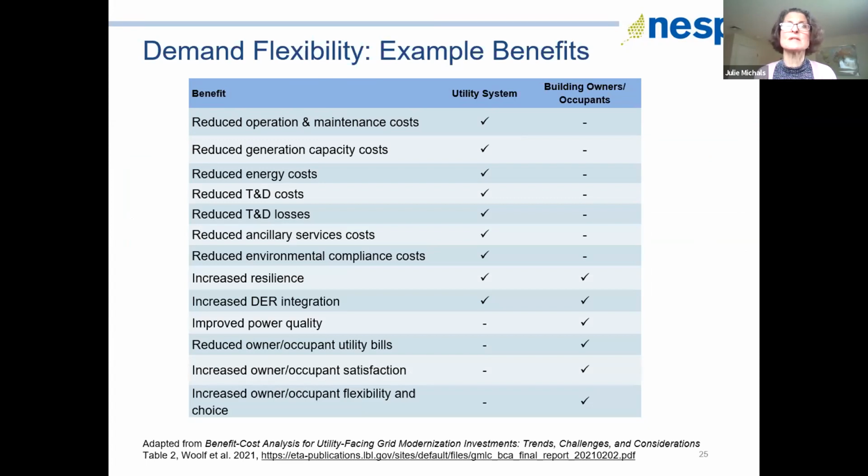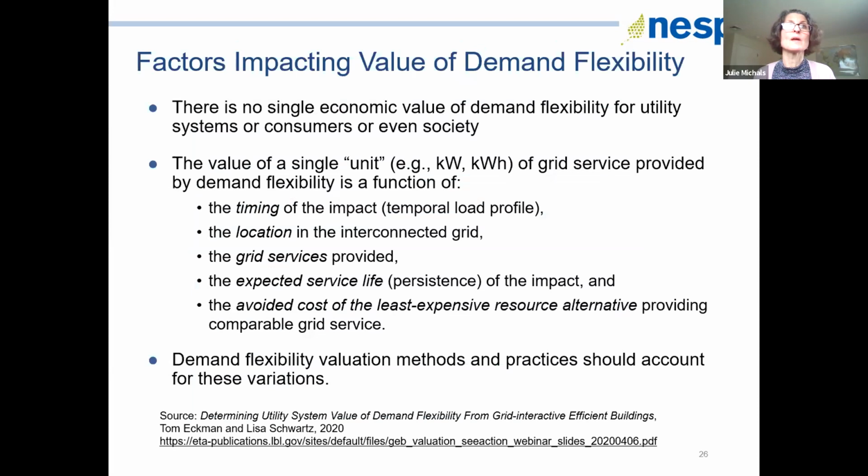And there you see some examples of what those energy and non-energy benefits might be to the owner occupant. So that's something to keep in mind. I will just say that identifying where those impacts live is one thing, actually quantifying them is another whole challenge, as we know.